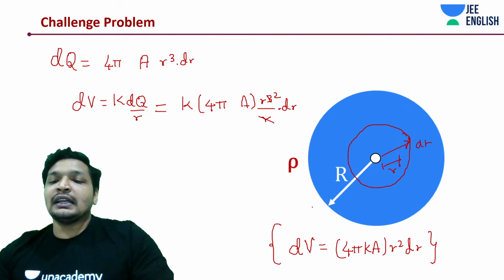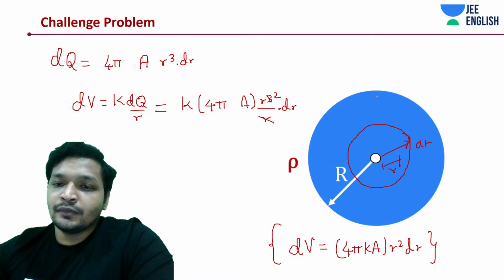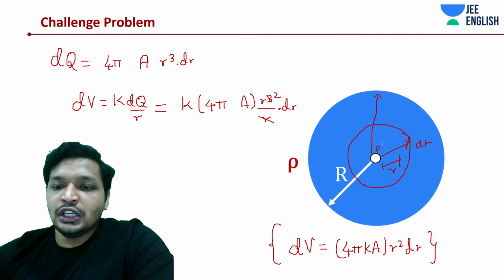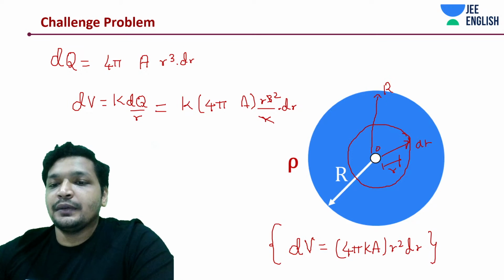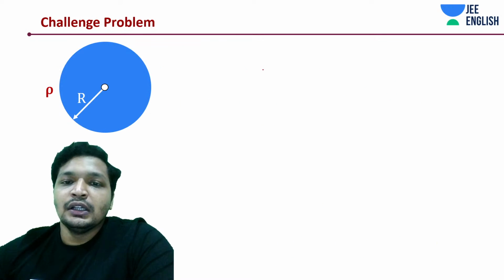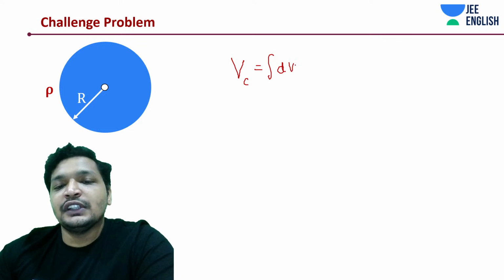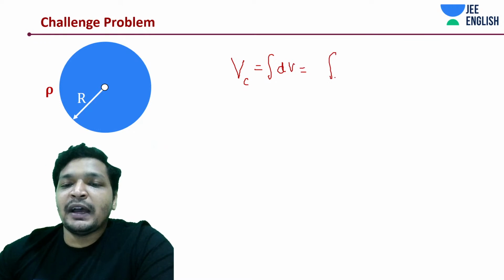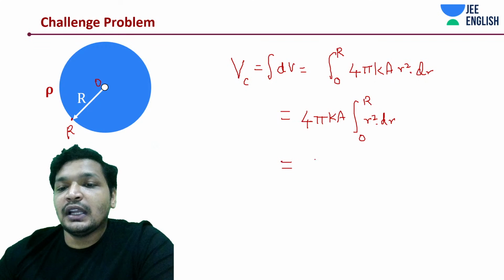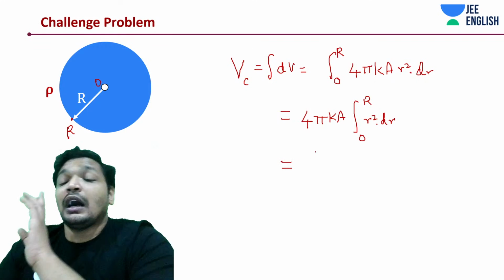Alright, let's integrate it from 0 up until r. Okay, so yes, the total potential at the center is going to be the integration of dV, which has to span from 0 to r, so this would be r cube by 3.